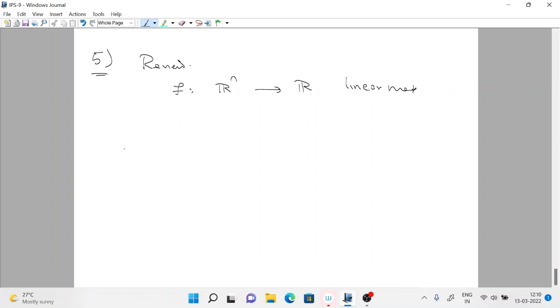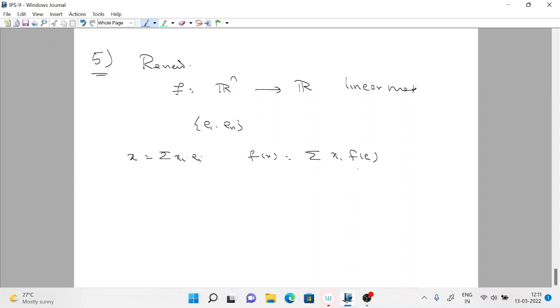The same proof works for any F^n to F^m, but in my linear maps lectures I looked at only the Rn case. How did we do that? Let us look at the standard basis vectors e1 to en. If I start with a vector x equal to the summation of xi ei, then f of x is going to be the summation of xi f of ei.